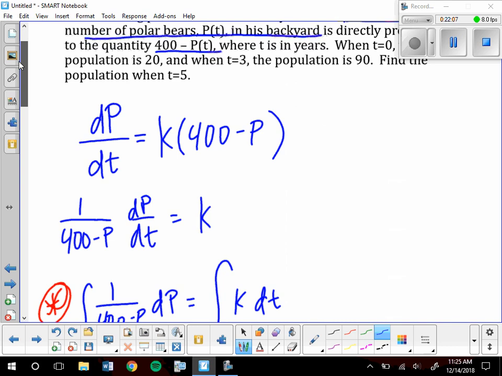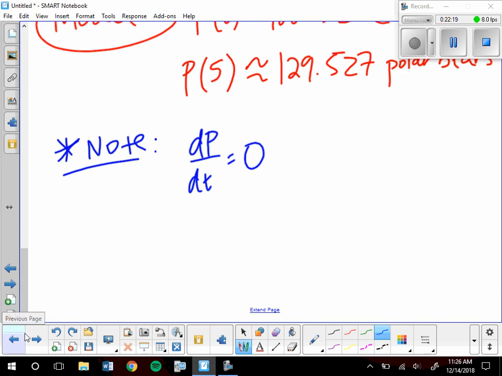If you go back to that differential equation that we wrote, we can see that dp/dt is going to equal 0 when p is 400. So dp/dt equals 0 when p equals 400. What that means is that the population is going to stop growing when p equals 400.